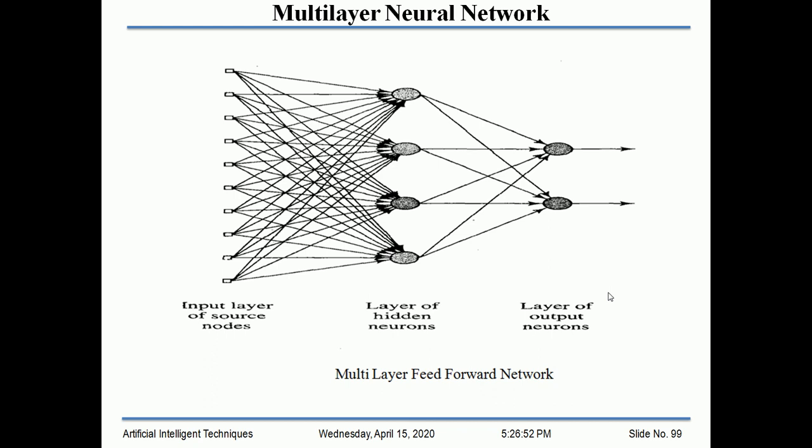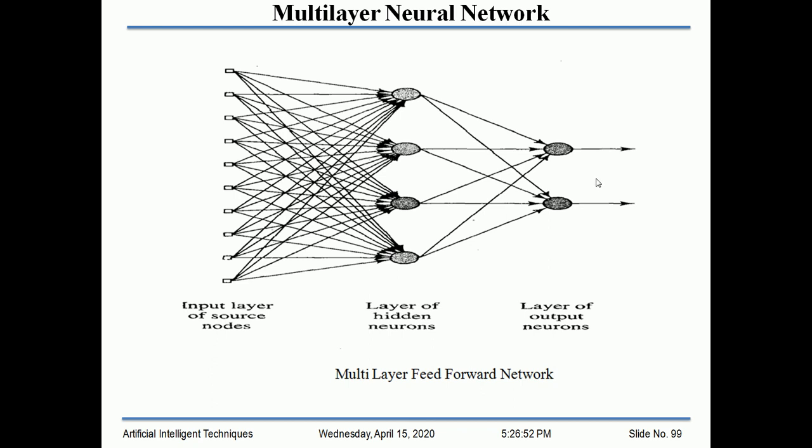If you consider this case, this is a multi-layer neural network. If you would like to train this neural network using a supervised learning rule, you should know the desired output. So I can update the interconnection weights between the hidden layer and the output layer as I know the desired output.